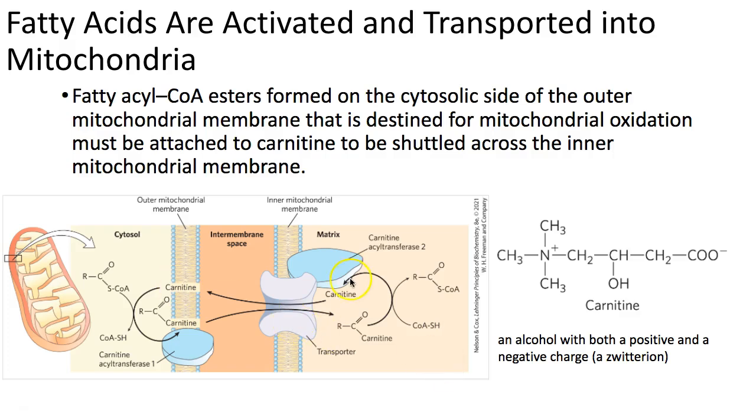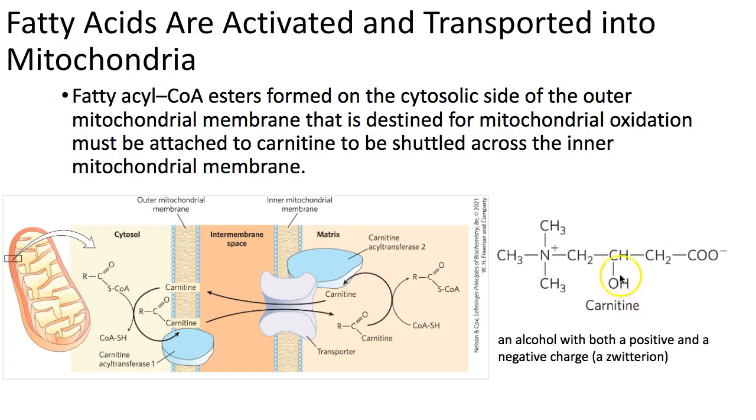And then now, what I mentioned before, the carnitine is used as a way of transporting the fatty acid into the mitochondria. Just notate that this carnitine is a zwitterion type of compound, having both a positive and a negative charge within the same compound.